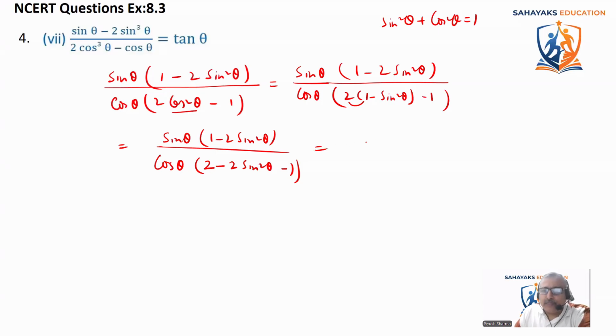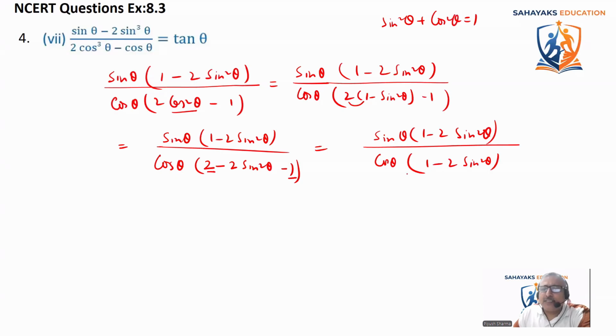Okay, so it remains the same on the numerator. Sin theta into 1 minus 2 sin square theta divided by cos theta into, when you say 2 minus 1 is 1, so it becomes 1 minus 2 sin square theta. So 1 minus 2 sin square theta will cancel. It becomes sin theta by cos theta. And that is equal to tan theta. Okay, so this is also done.